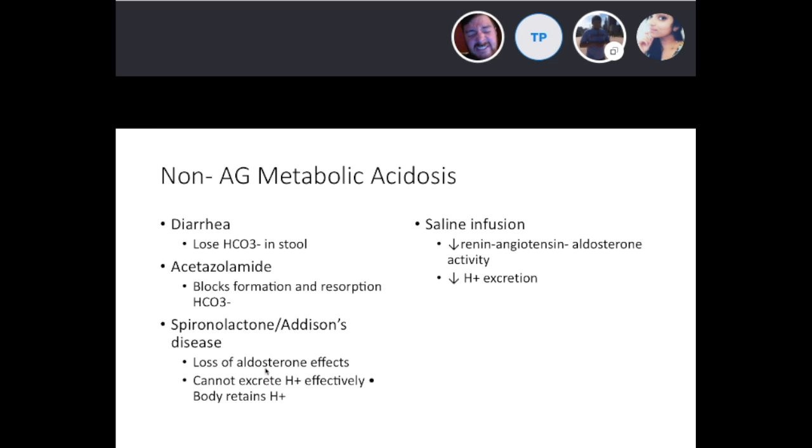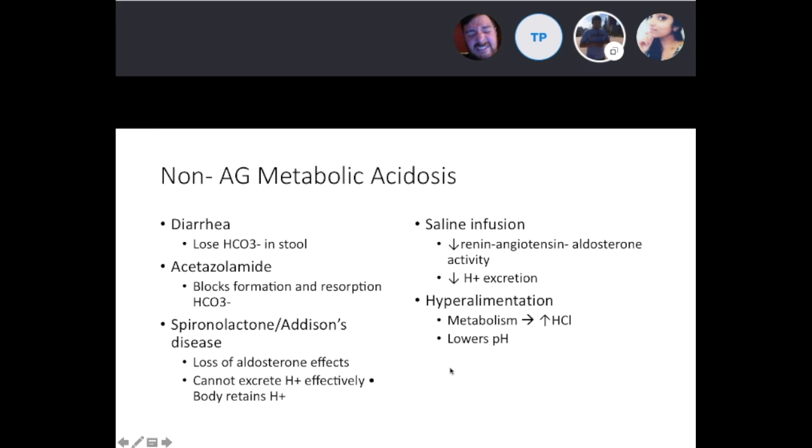And if you have a saline infusion, it decreases your renin angiotensin system, and that will decrease the hydrogen excretion. And then hyperalimentation. Sorry, I think that's right. It's basically intravenous nutrition. When you have metabolism, it'll increase your hydrochloric acid, and that will lower the pH.